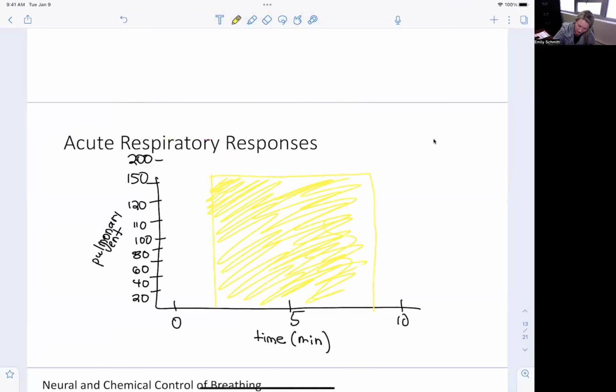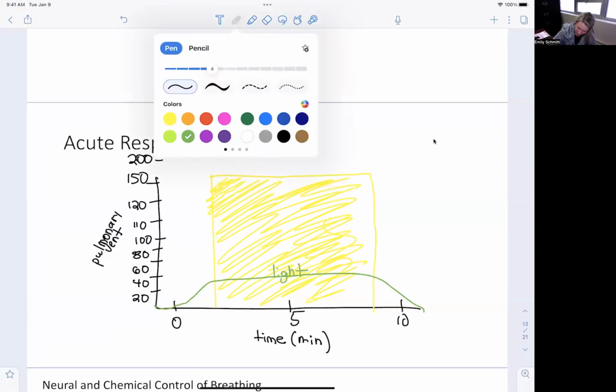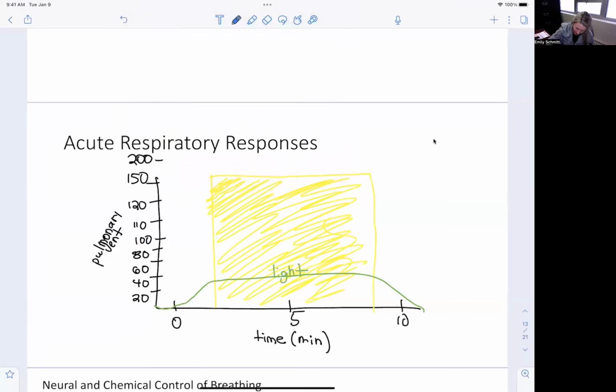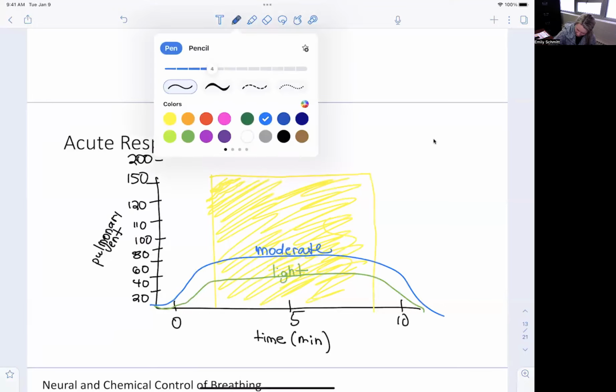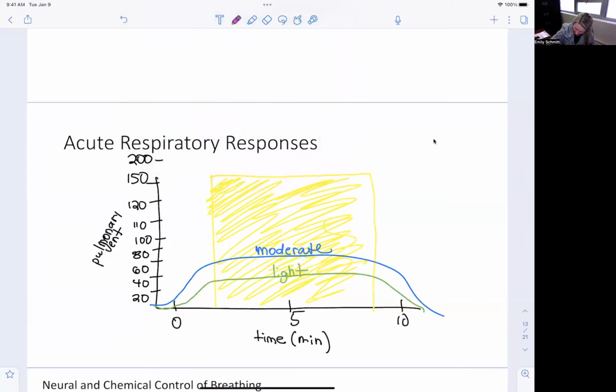And as we start to think about light exercise, and moderate exercise, and then we'll really exaggerate here for some heavy exercise.